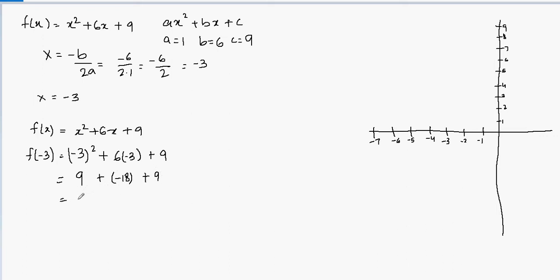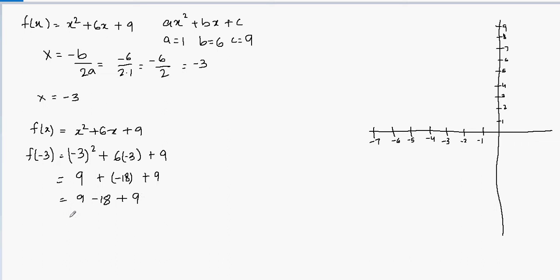Now let's talk about this 9 plus, and then you have parentheses negative 18. Whenever you have parentheses and a positive or negative sign inside, assume it's positive 1. Like here, it's the plus sign, so you just assume that it's a positive 1. So positive 1 times negative 18 is going to be negative 18 plus 9.